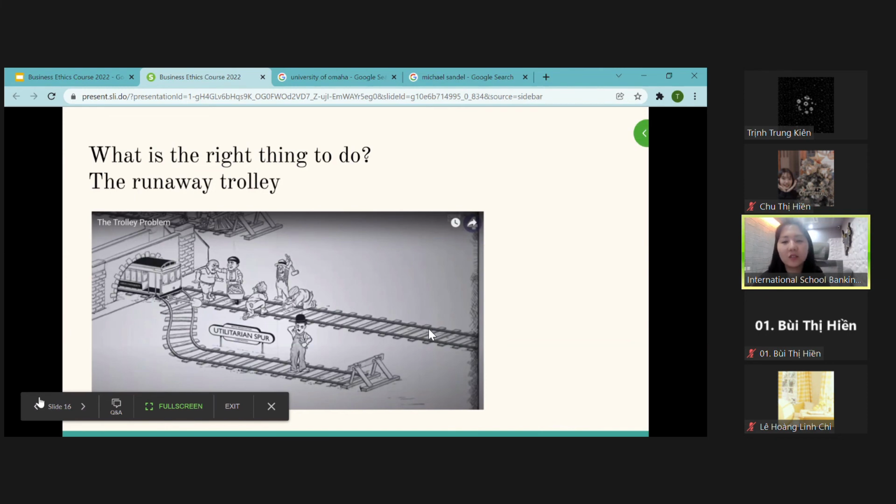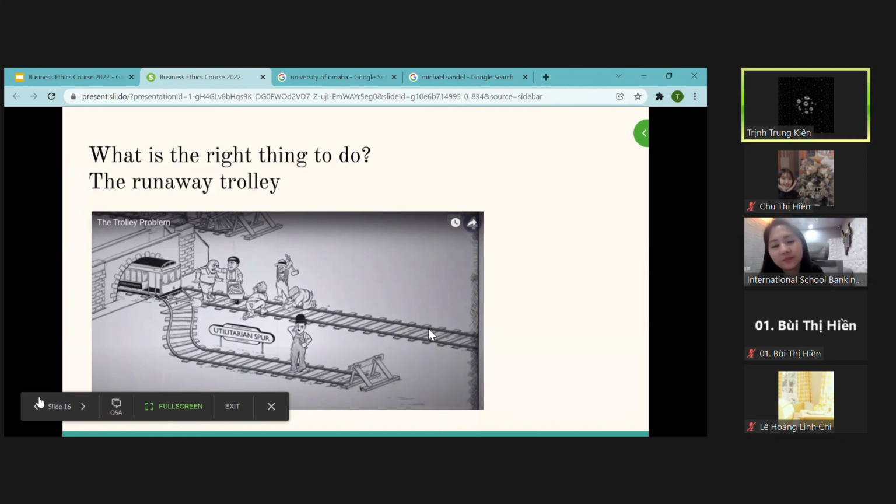You are the driver. So in this case, I don't know. The single man has contributed to the economy. So I'm going to minimize the death. So I'm going to turn to the single man.